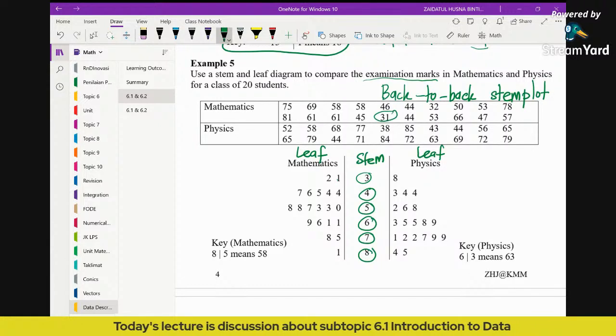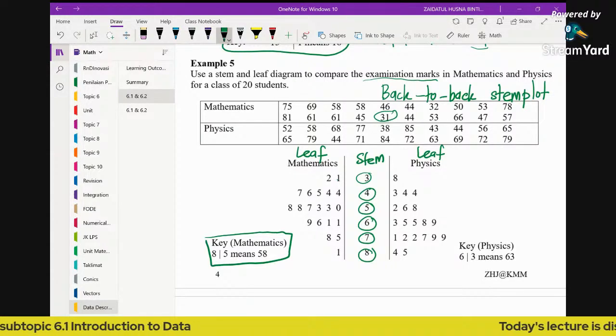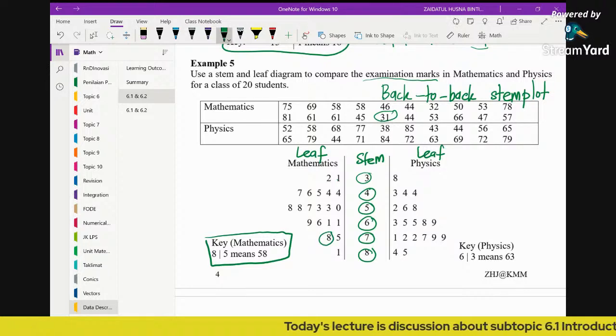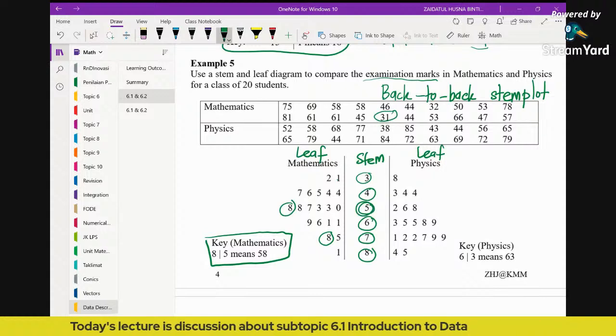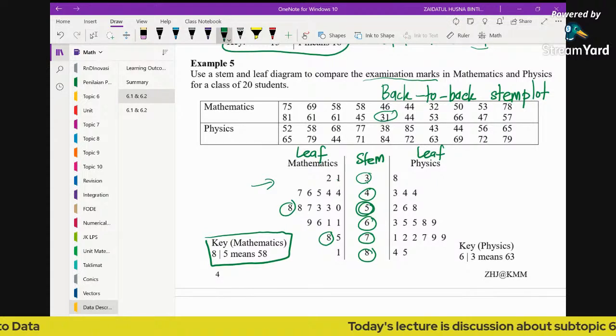And you must provide the key here, so that the reader will be able to read your table correctly. It's quite different from the previous. If you have 85, it means 58, not 85, because it's located in this direction where your stem comes after your leaf, not the other way around.